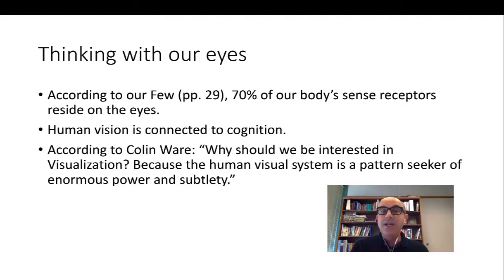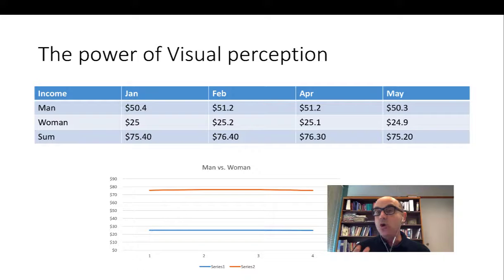So human vision is connected to our brain, connected to our cognition, and this is how we make decisions. We have to see things in order to make decisions. We read. Reading is part of what we do with our eyes. The eyes are part of how we see the visualization. So it is an essential part, and it influences how we see visual perception.